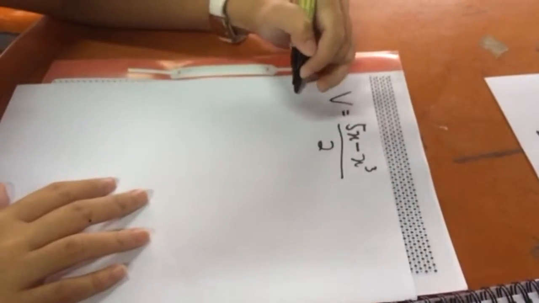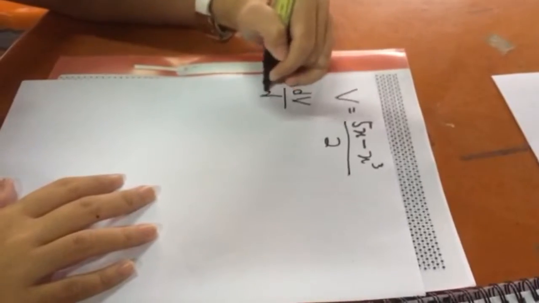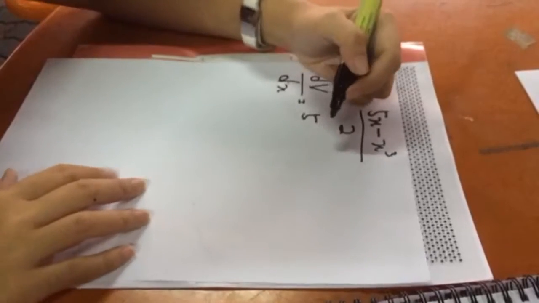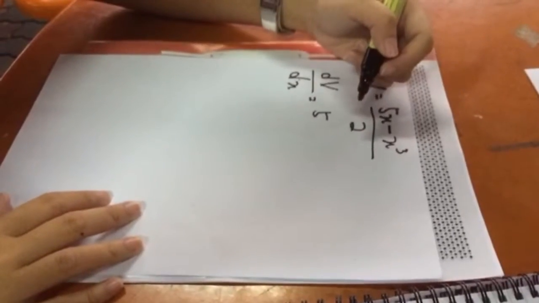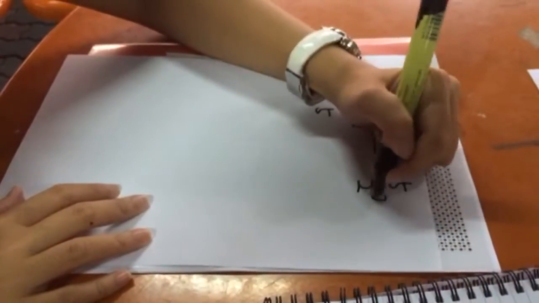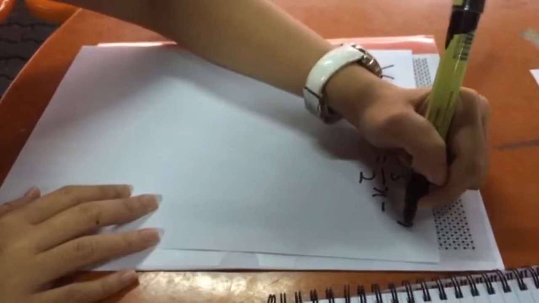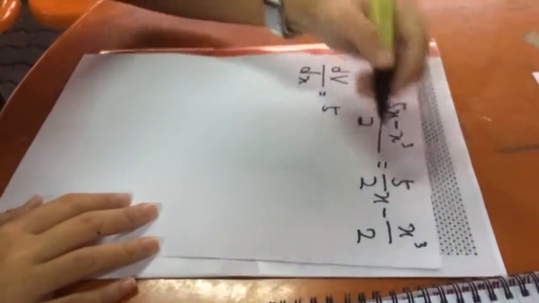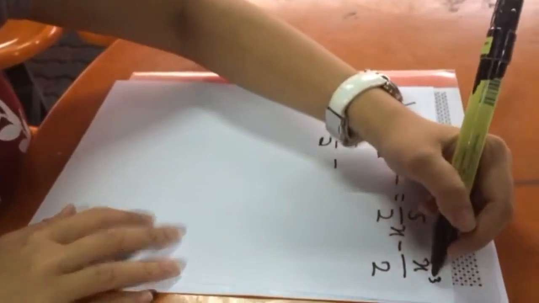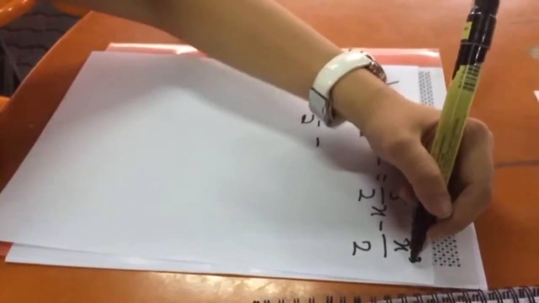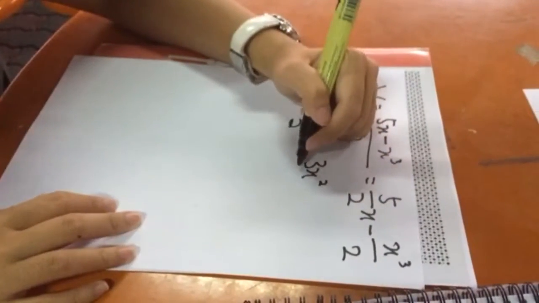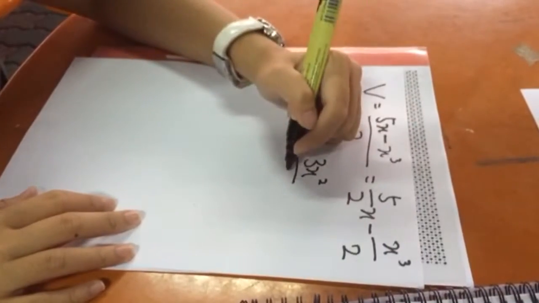So dV/dx will be 5 over 2 x minus x cubed over 2, which gives 5 over 2 minus 3x squared over 2.